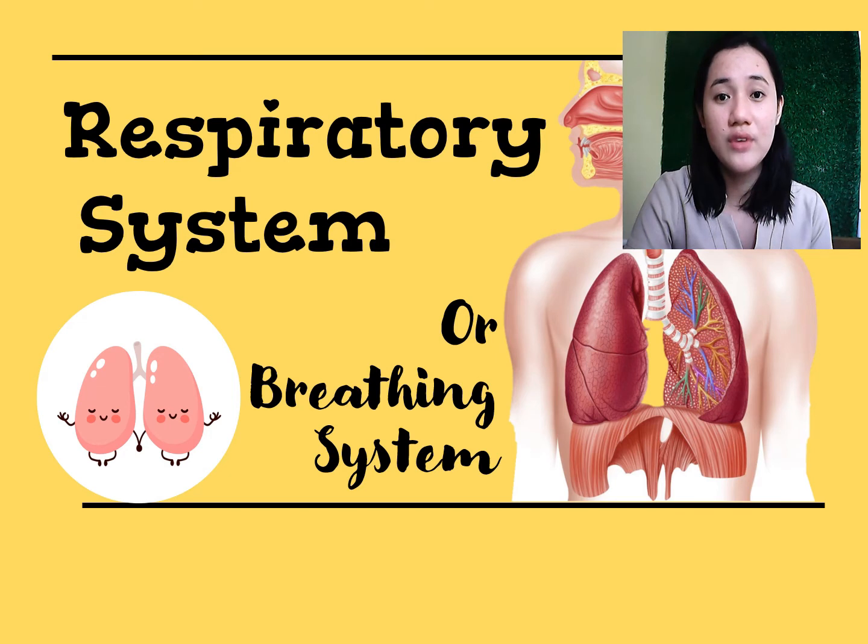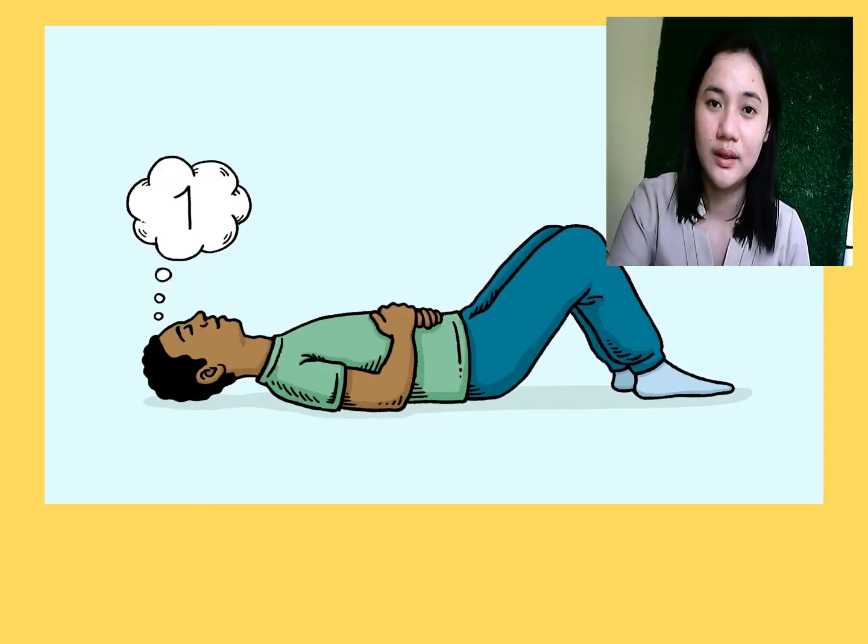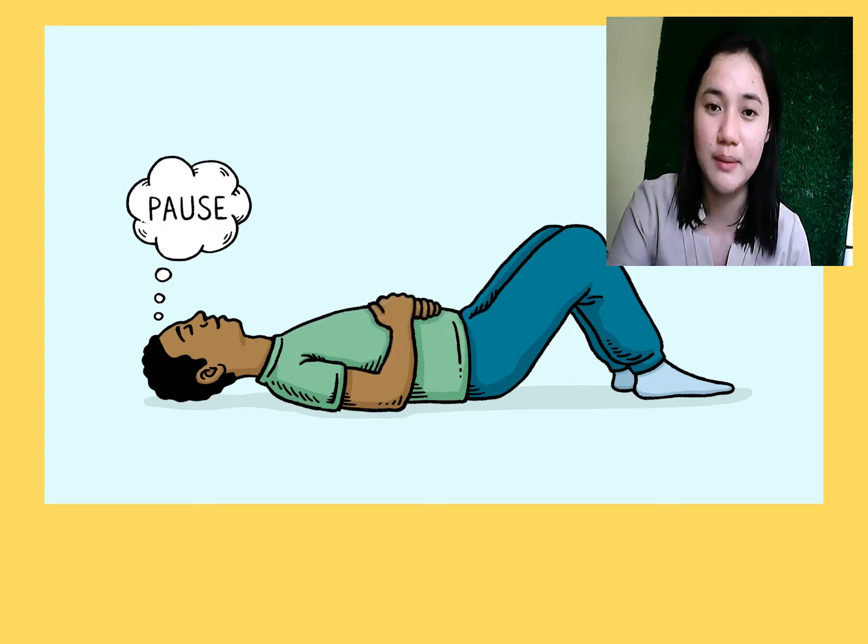Previously, you have already learned about the essential parts of the breathing system and their function. Now, you will understand the mechanism and activities of the lungs and the diaphragm. Now, I want you to observe this GIF or this animation. So, what have you noticed?